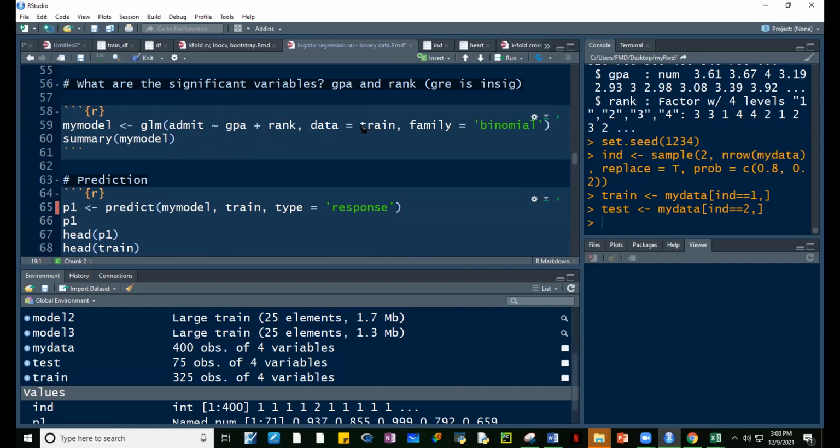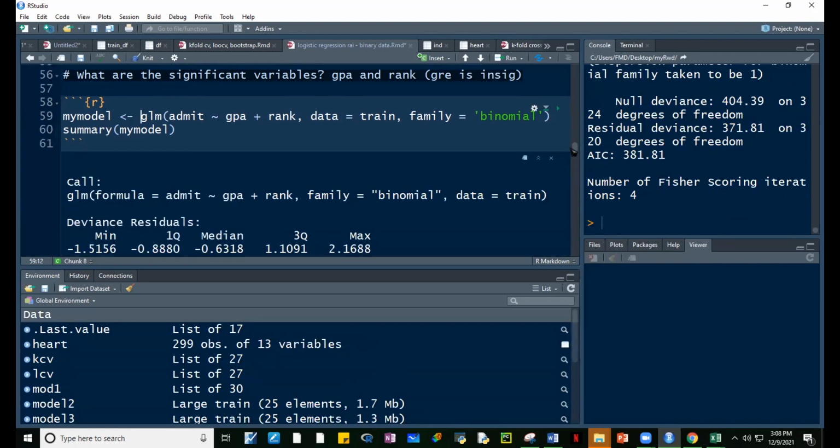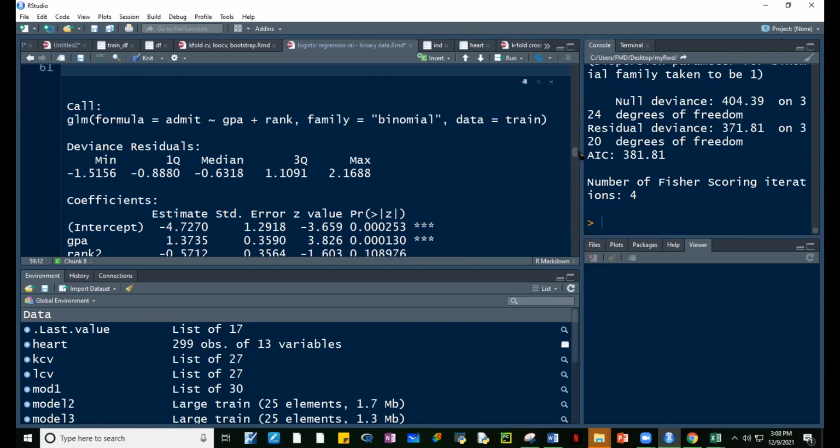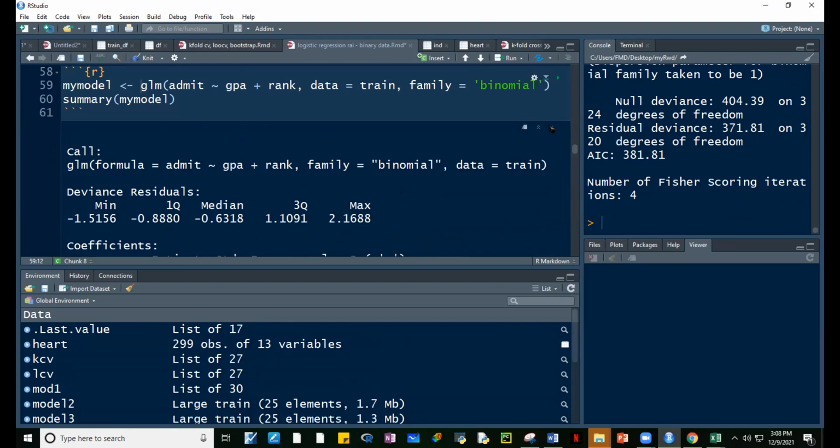For data, we're using the trained data. Family binomial. With GLM, guys, we must define the family. Then we run summary. All right, this is the output. Yeah, this is correct. 1.3735, GPA.